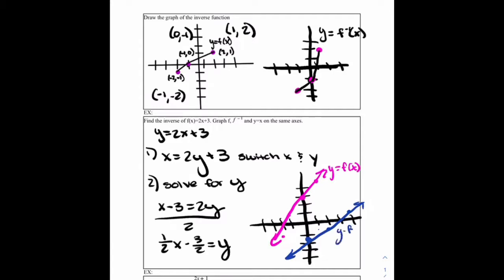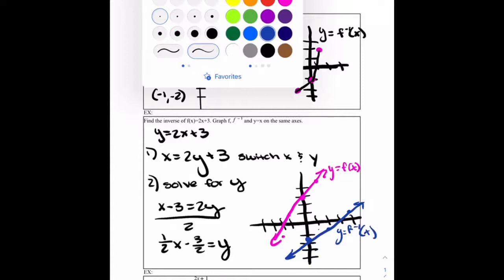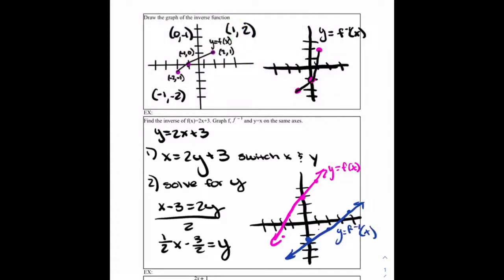And this is y equals f inverse of x. And then you can tell that these lines are symmetrical through this oblique asymptote of y equals x.